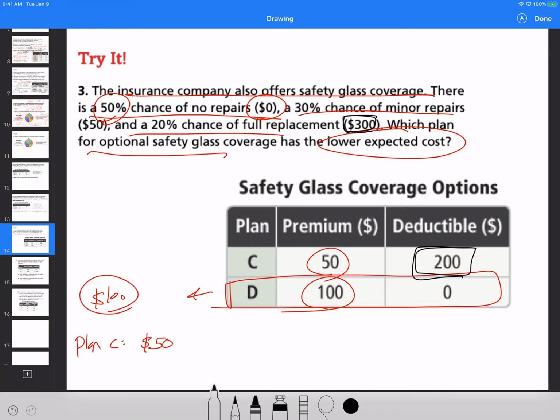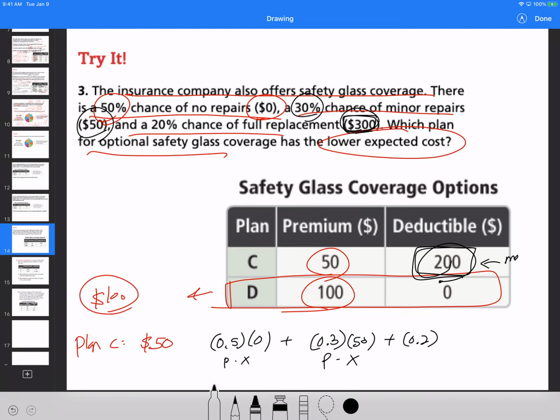Now that's important because of this right there. There's a 50% chance of having 0 repairs, so $0. That's probability times X, plus 30% chance of having $50, that probability times the value, plus 20% chance of the full glass coverage, which is $300. Now, if your deductible is $200, that means you're only subject to paying this as your max amount of dollars that you have to pay out of your pocket.